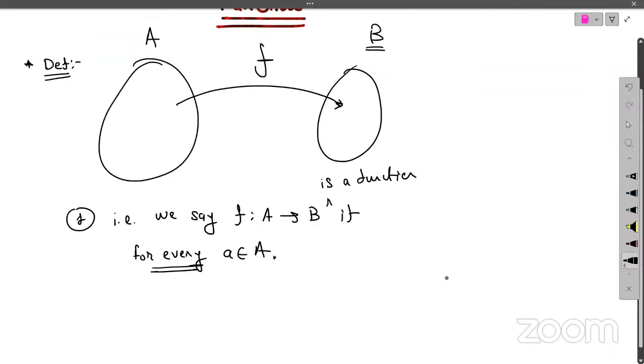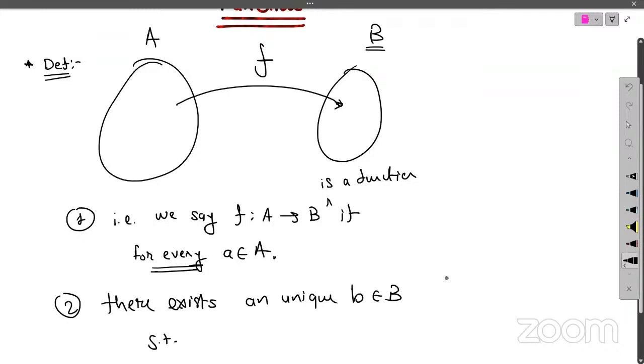So we say f from A to B is a function if for every a in A, and this is the second rule, there exists a unique b in B in such a way that f will take small a as an input and give us small b as an output. So if some map, some correspondence, or some rule is given to you, how will you judge whether it is a function or not?